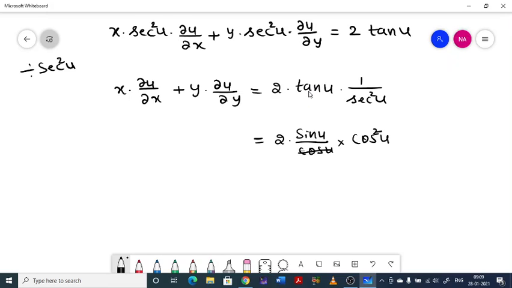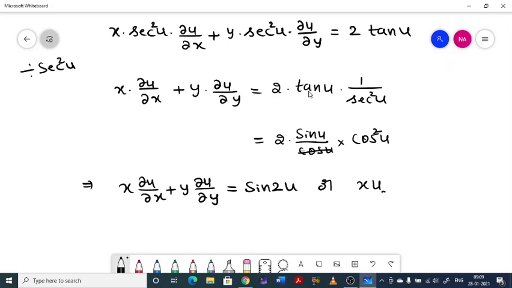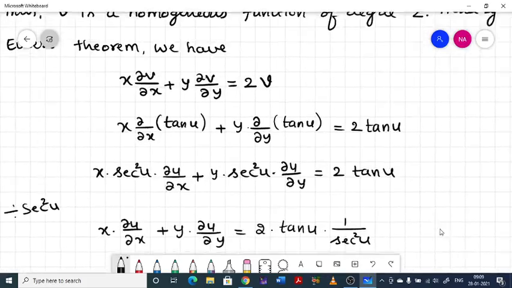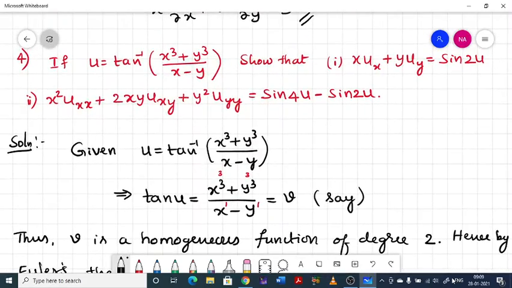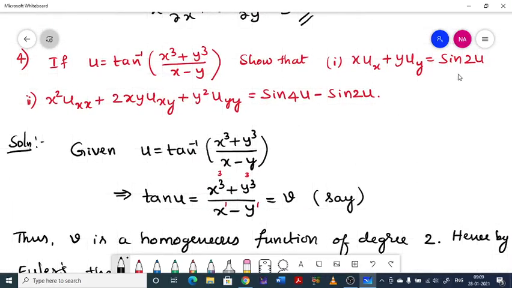One term gets cancelled. So we get x ux plus y uy equal to 2 sin u cos u, that is sin 2u. So x ux plus y uy equal to sin 2u. See, we have proved this.